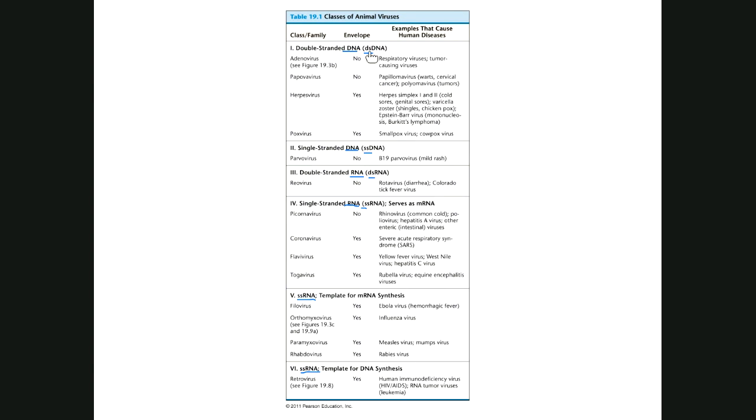These are all viruses that have their genetic information stored in the form of double-stranded DNA. However, if it's a DNA virus, but its genetic information is stored in single-stranded DNA, then that animal virus is placed under class 2, such as the parvovirus. If you're like me and you have pets or you've had pets, this is where you become familiar with the parvovirus.